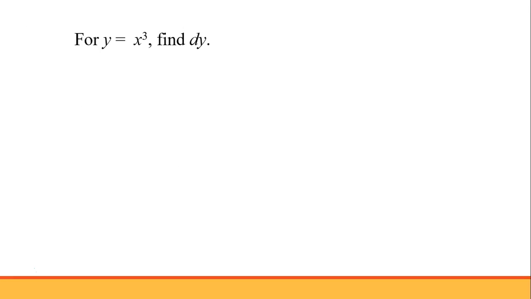The other thing that I want to review is the whole meaning behind differentiation as a rate of change. So let's use this as an example. Let's say we had the function y equals x to the third, and we want to find dy. We want to find the change in y.